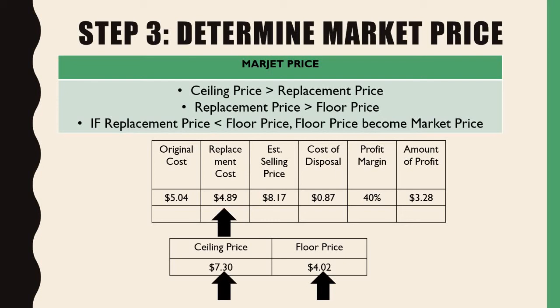And your replacement cost should be somewhere in the middle. That's what these 3 numbers are supposed to tell you. So we're going to compare these 3 numbers and see which one falls into the middle.